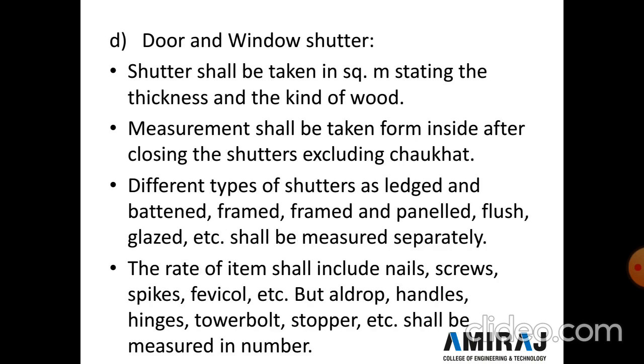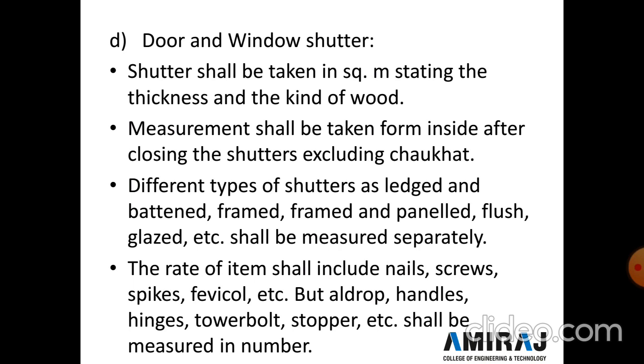Now next is door and window shutters. Door and window shutters shall be measured or counted in meter square, and measurement shall be taken inside of the closing of the shutter, excluding chocker. Here chocker is not included. Chocker means frame.